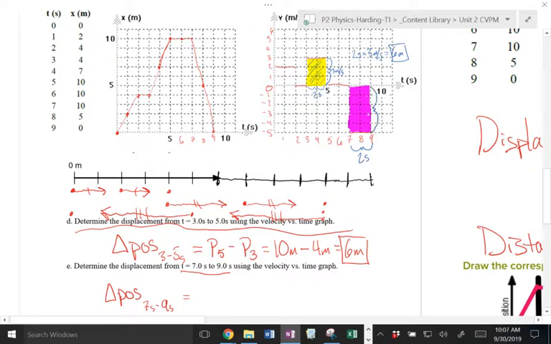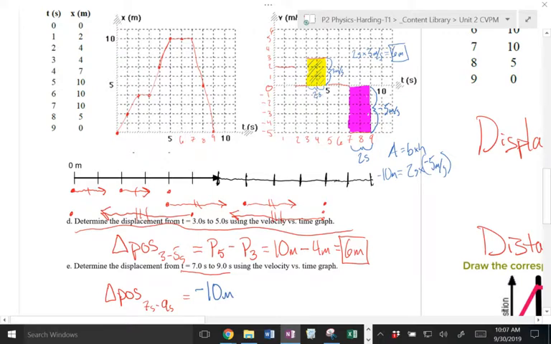But hey, you got to pay attention to where you're at. We're below 0, so this is going to make it -5 meters per second. So area equals base times height. I'm going to take the 2 seconds times the -5 meters per second, and that's going to give me -10 meters for that change in position.